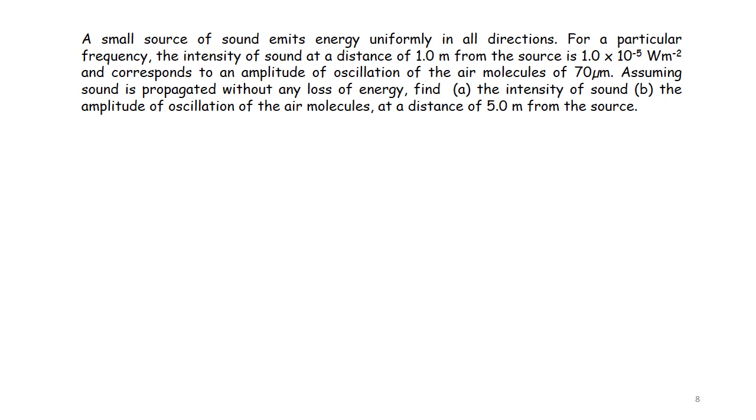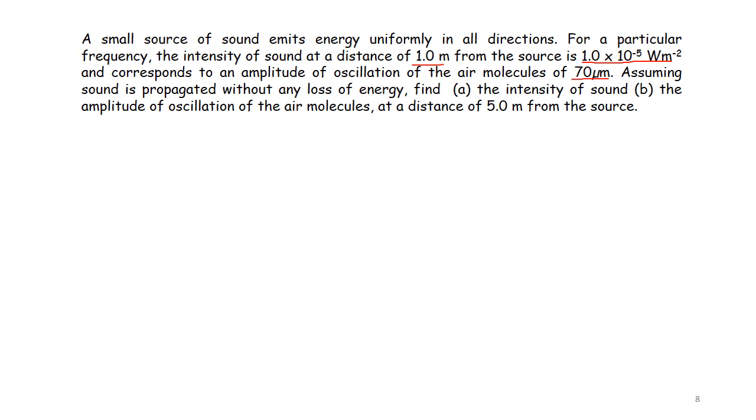Now, a small source of sound emits energy uniformly in all directions. For a particular frequency, the intensity of sound at a distance of 1 meter from the source is 1 times 10 to the minus 5 watts per meter squared. From the unit, you now know that this is intensity, and this is distance, and it corresponds to an amplitude of oscillation of the air molecules of 70 micrometers.